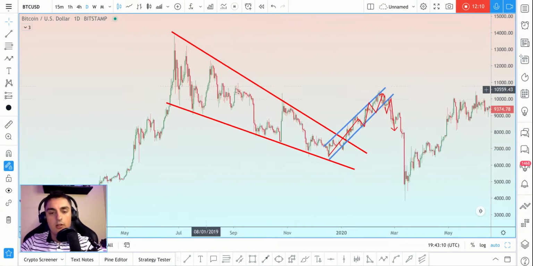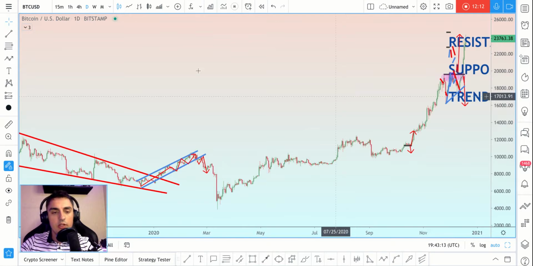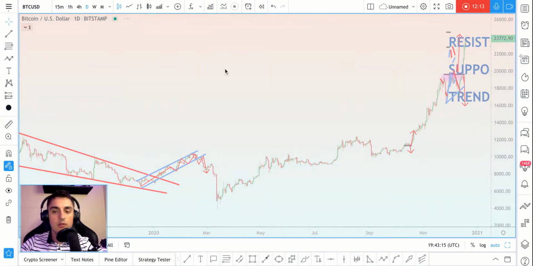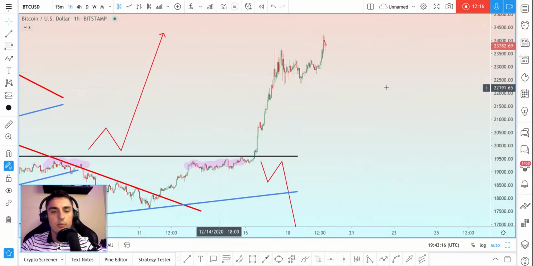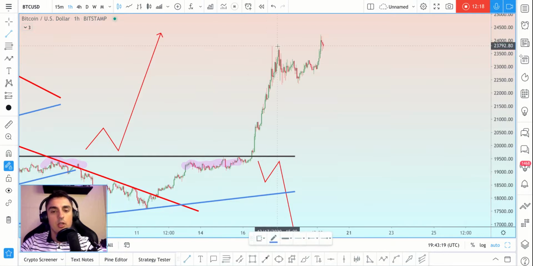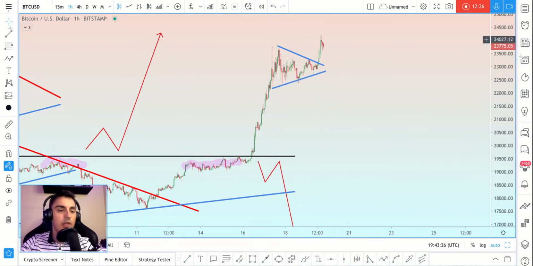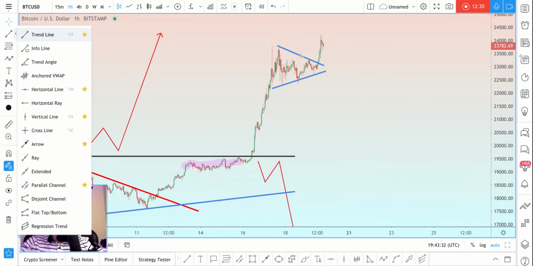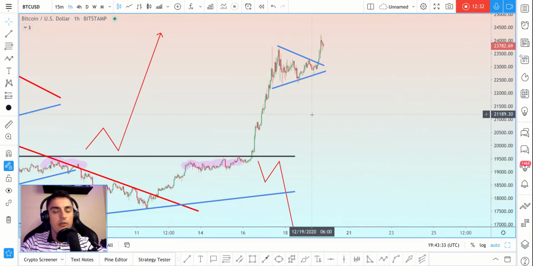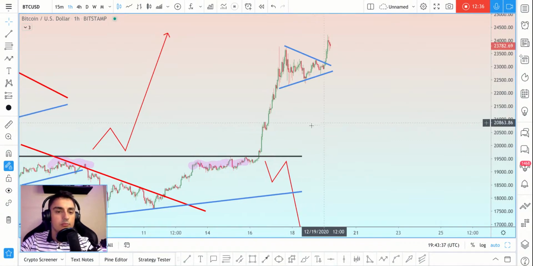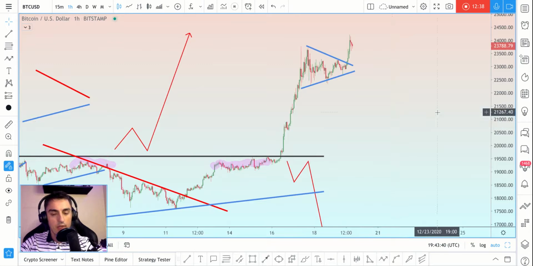So this way you can practice and try to do it every day. Try to spot new trends, try to spot developing trends. It is very important. So in order to have this, just open TradingView, use the trend line in the left toolbar, and practice it every single day, and then you will make your trends very good.